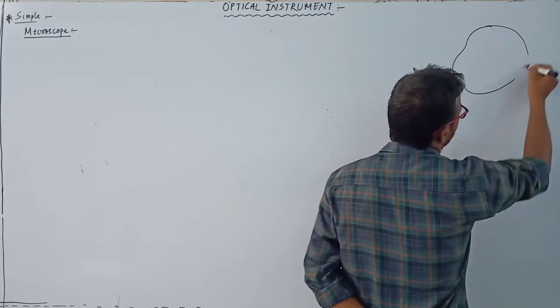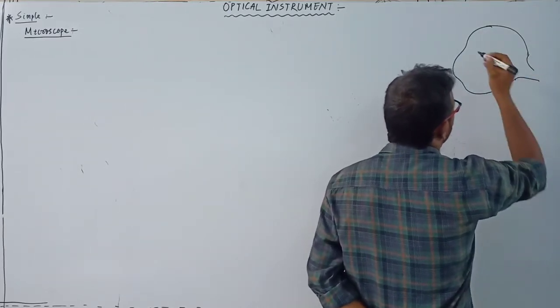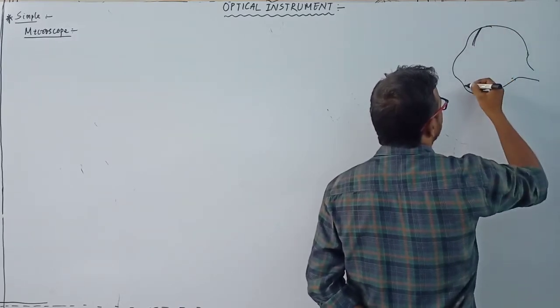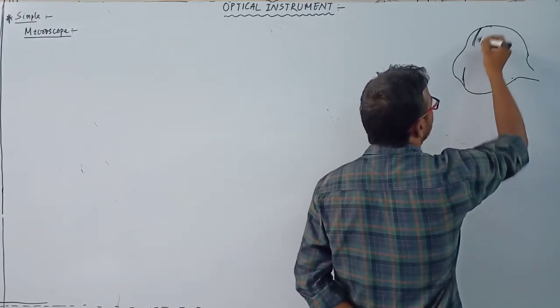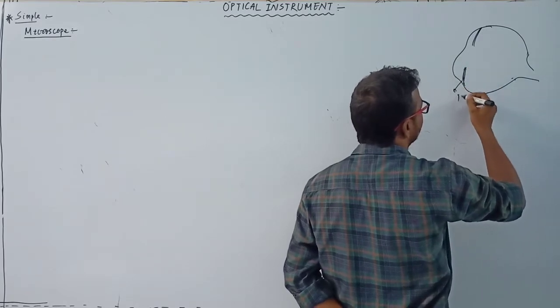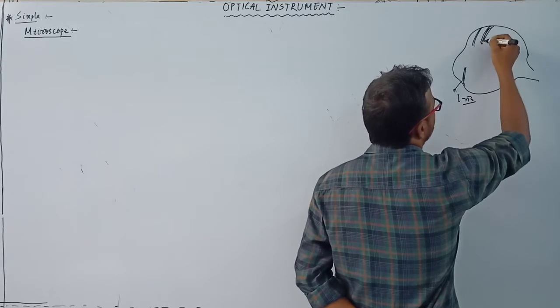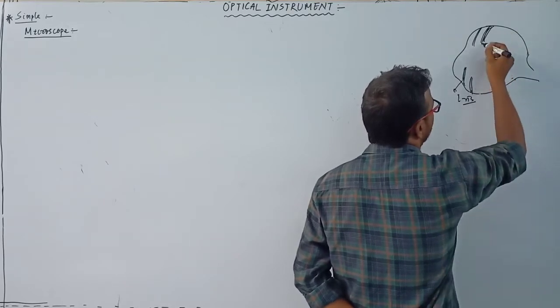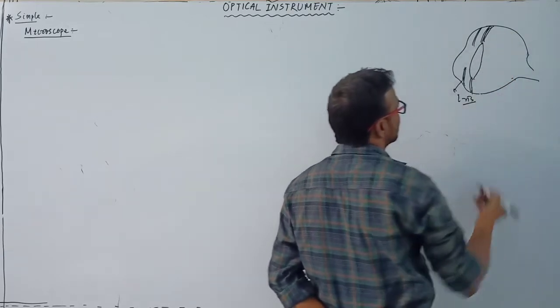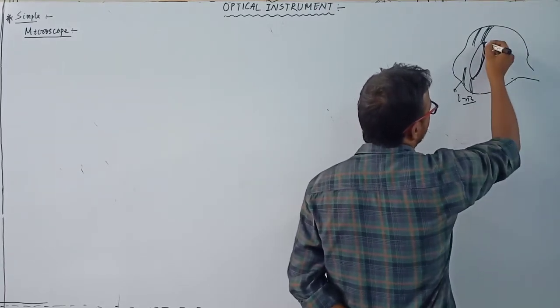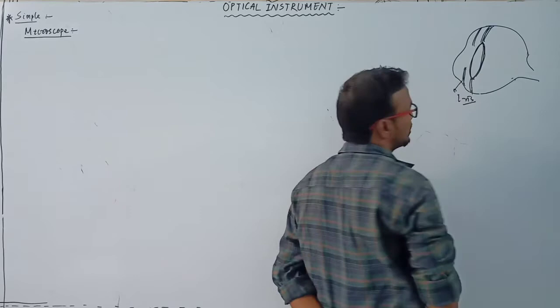This is the diagram of the eye, and this is known as iris, and these muscles are known as ciliary muscles, and there is a lens, which is known as biconvex lens or simply convex lens.